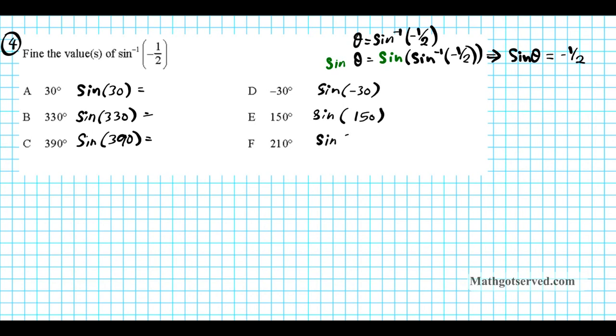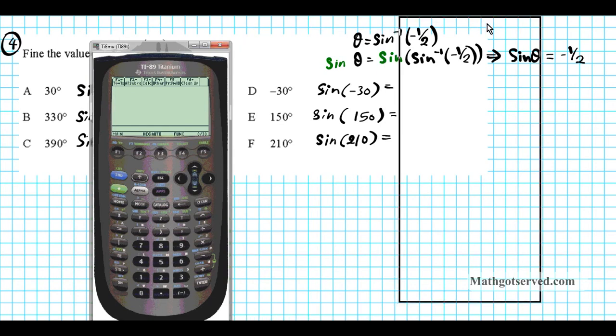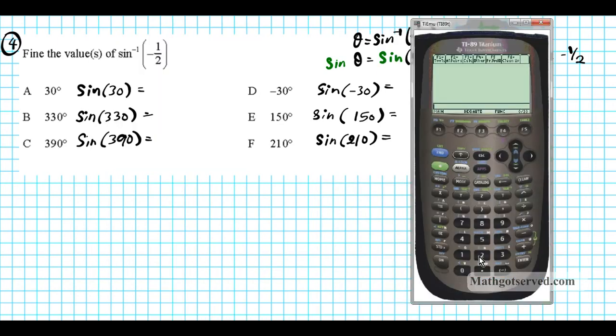I want to see which one yields negative 1/2 as an output. Now you have to be careful. You have to ensure that your calculator is in degree mode before you start your computations. You can see DEG here on my TI-89 Titanium, so it's already in degree mode. If not, you just go to mode and change it.